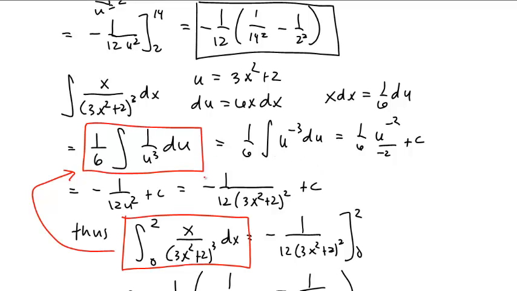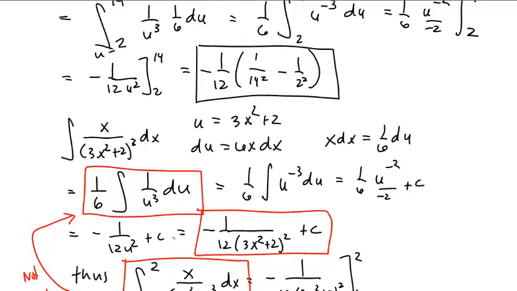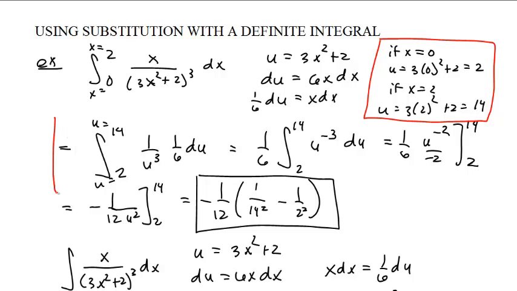It turns into a function, a function plus c, whereas this is a specific number, the area under a curve. So these are different things. These are not equal, and they can't be equal. So if you want that integral from 0 to 2 to be equal to something, you are going to have it equal to something whose limits of integration are in terms of your variable u, and that's going to require conversion.